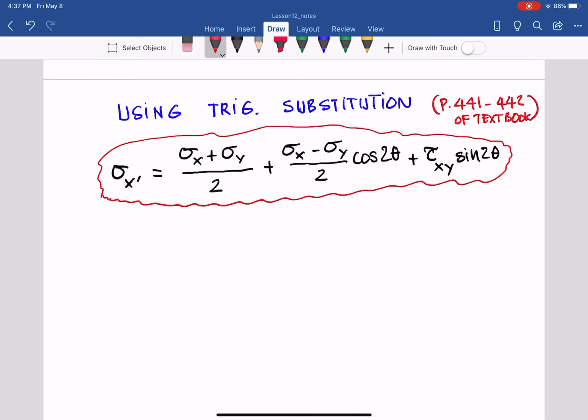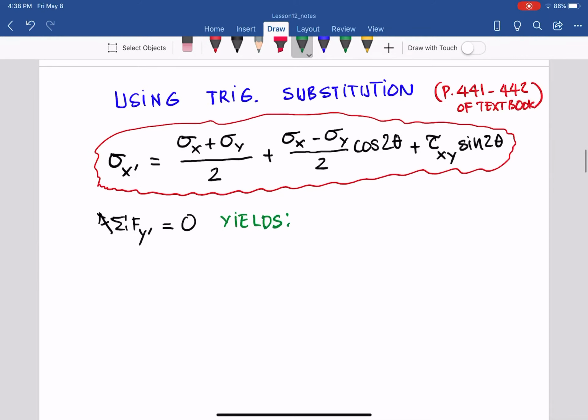If I sum up the forces in the y apostrophe direction, taking positive y apostrophe as positive, it will yield, and again, if you want, go to the book starting from page 441, the equation for tau x apostrophe y apostrophe.